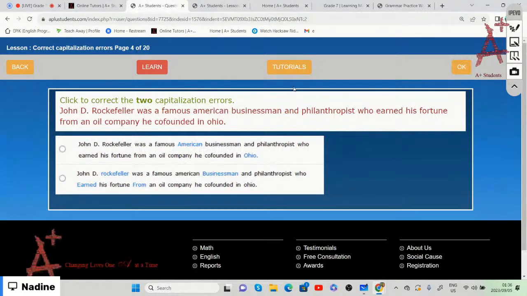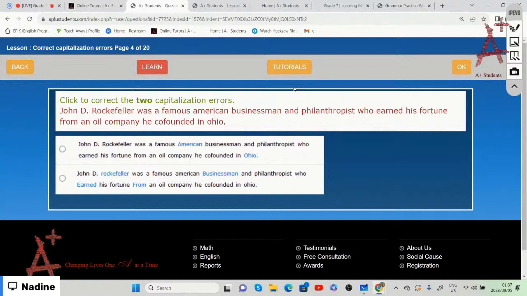All right, we need to click and select the two capitalization errors within the sentence. John D. Rockefeller was a famous American businessman and philanthropist who earned his fortune from an oil company he co-founded in Ohio. Is it option one, where we have to change and capitalize American as well as Ohio?